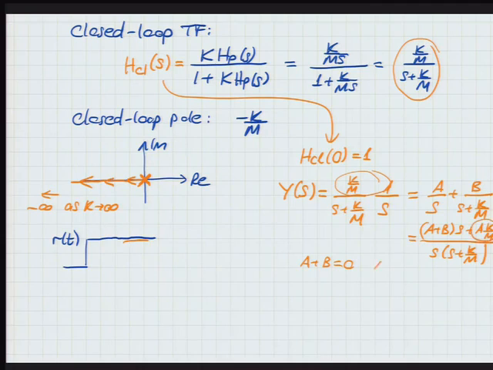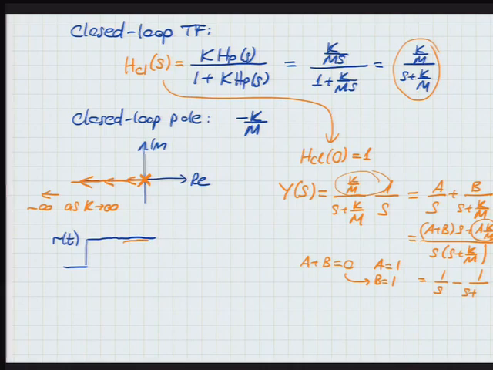Therefore, A should be equal to 1, and from this, B should be negative 1, right? So therefore, we found our y of s. It's simply 1 over s minus 1 over s plus k over m. Is that right? Did I do this right?